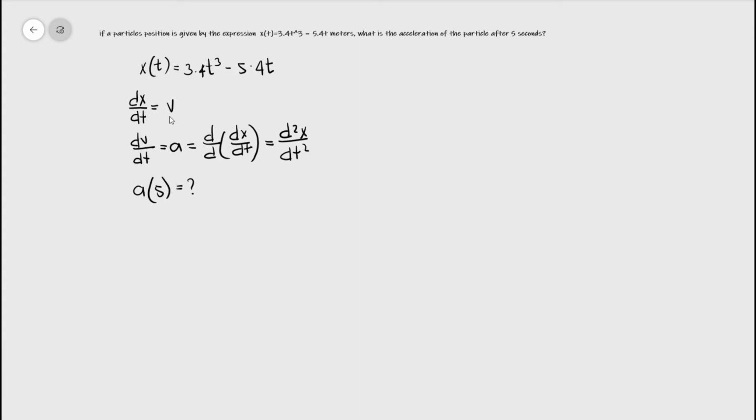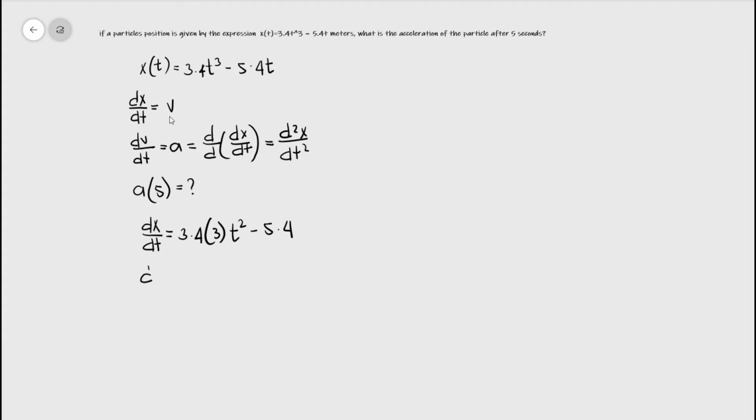we will get the second derivative of the given equation. Here we have x of t is equal to 3.4 t cubed, or we have dx over dt is equal to 3.4 times 3, we have t raised to 3 minus 1, or that is equal to 2, minus 5.4.